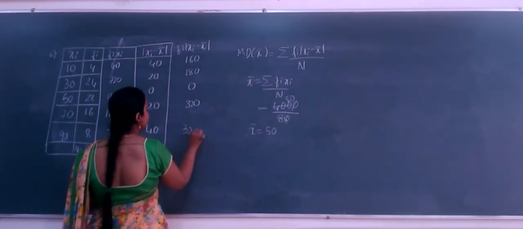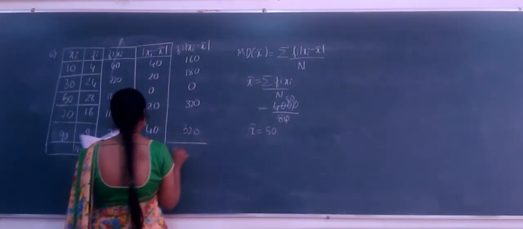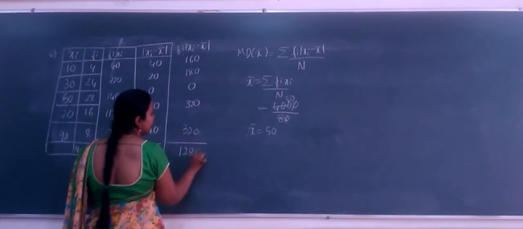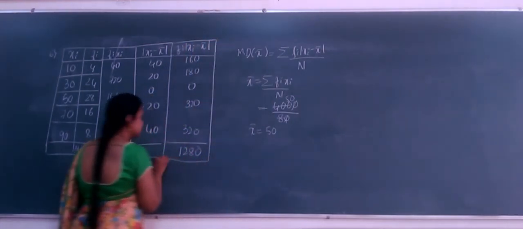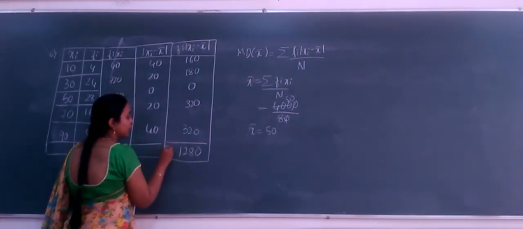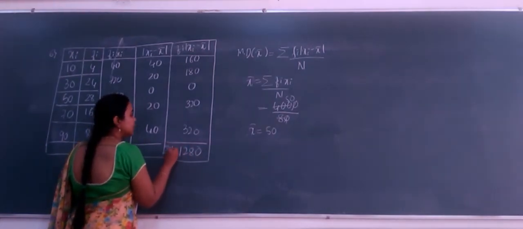If you add, the total will be equal to 1280. This is the summation of fi into modulus of xi minus x bar.